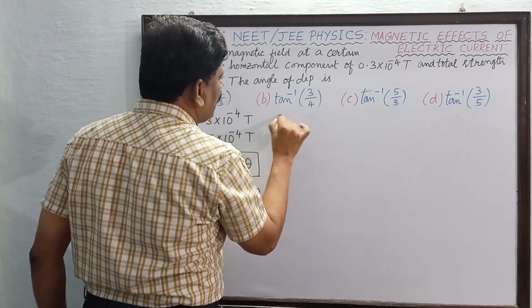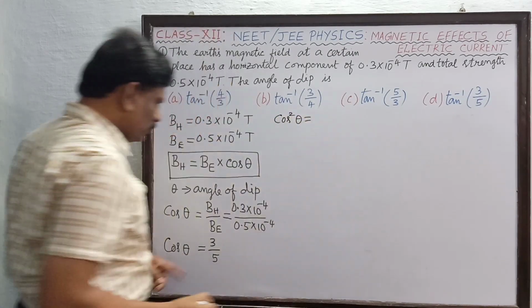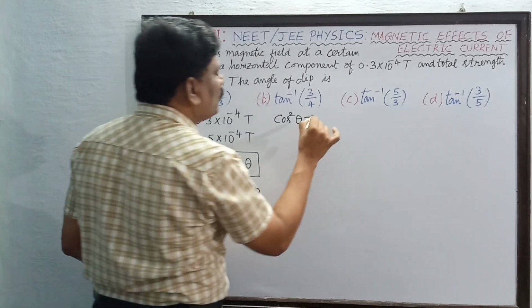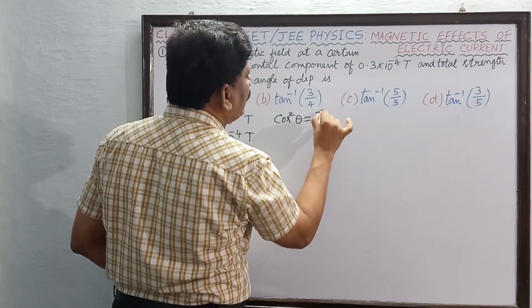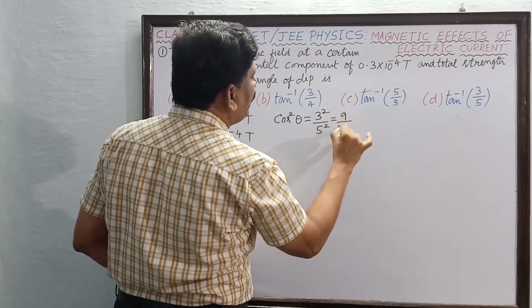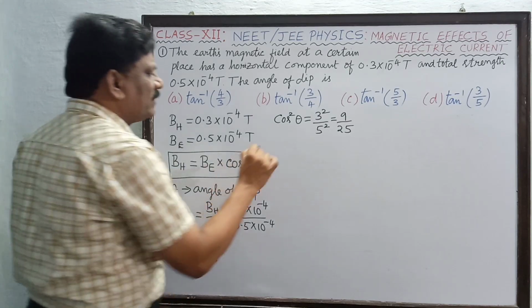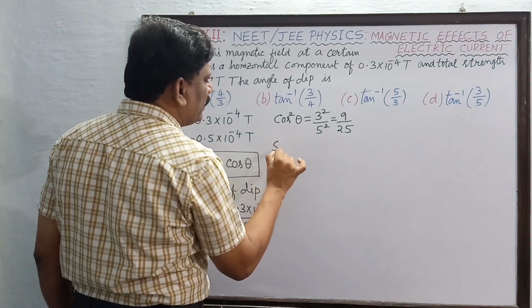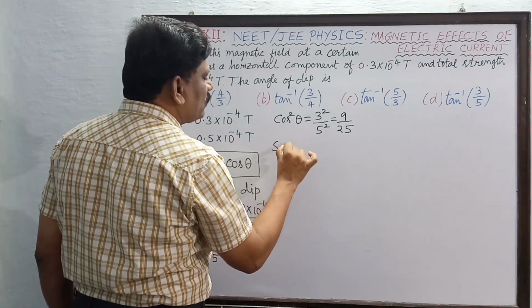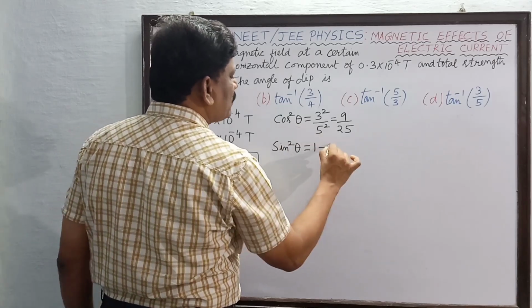Cos² θ is equal to (3 by 5) whole square, which is 3² by 5², that is equal to 9 by 25. So 1 minus cos² θ is equal to what? Sin² θ.